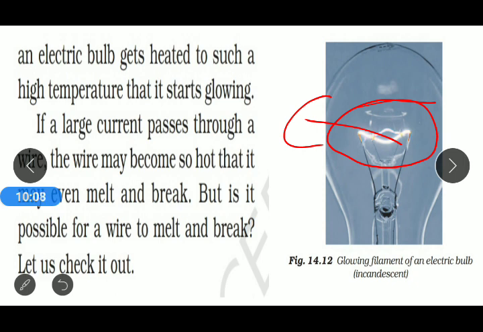Then we should check the bulb carefully to see whether the filament is broken or not. When we look into the bulb, if there is a broken wire inside it, then we will say that the bulb does not glow. That means the filament is not properly connected.